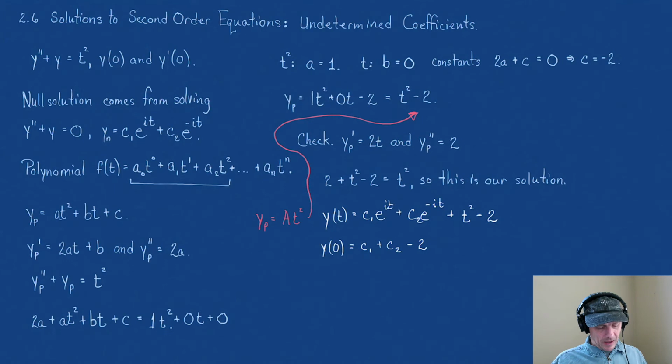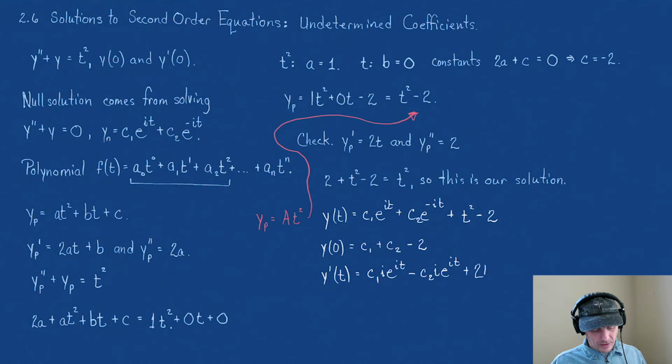- 2. And our next one, if we take the first derivative, so y prime of t, that's going to be c1 i e to the i t, and the next one's going to be a minus c2 i e to the minus i t plus 2t.